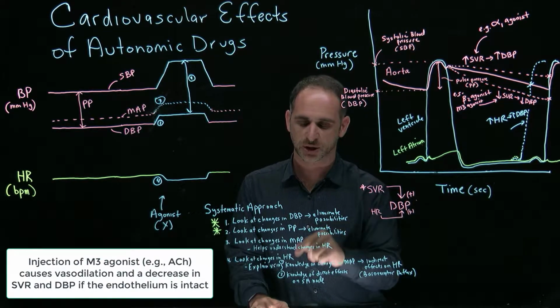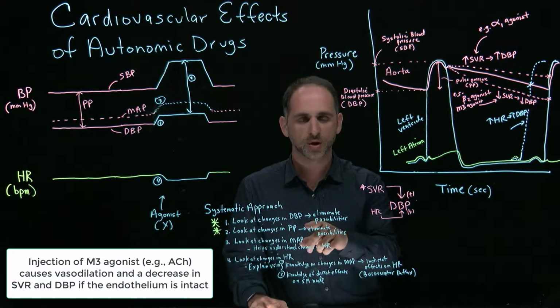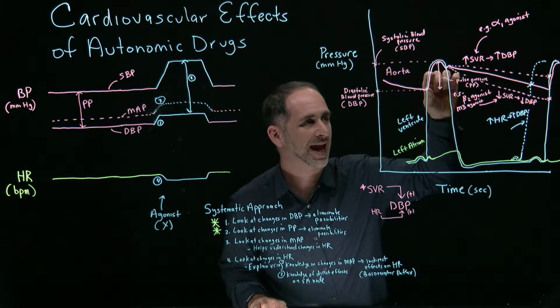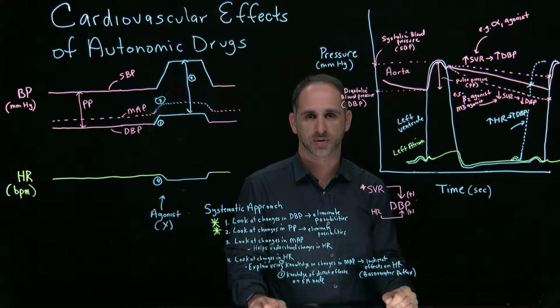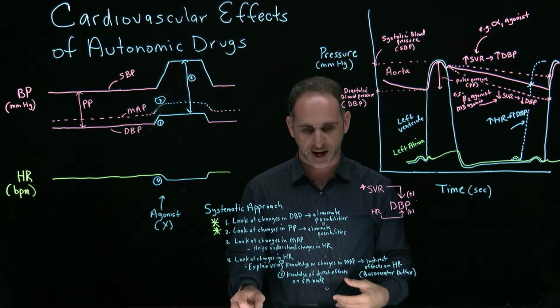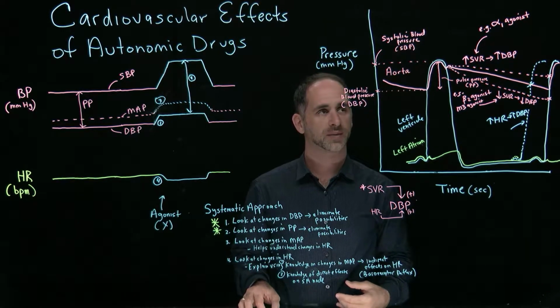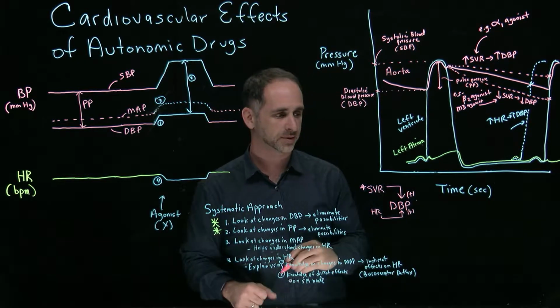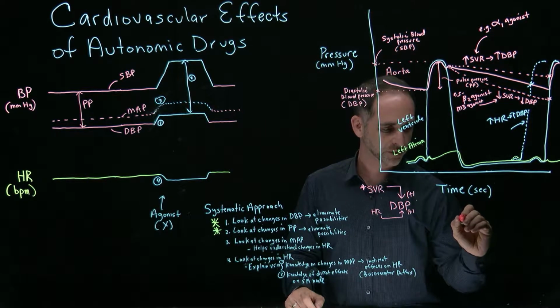Let's turn our attention to the pulse pressure. So the pulse pressure is the pressure that's added to the diastolic pressure. So actually, if we want to think about pulse pressure, I'll do this right here.